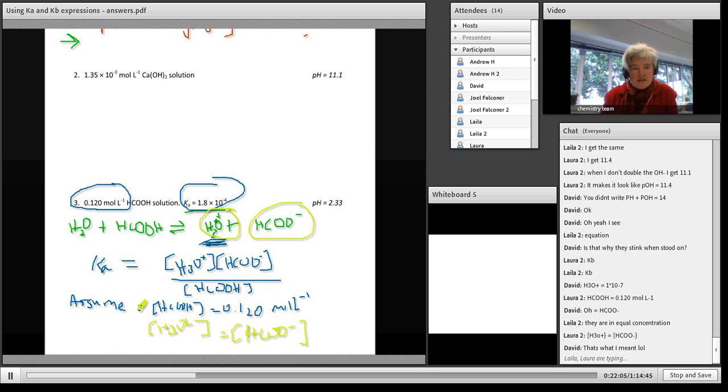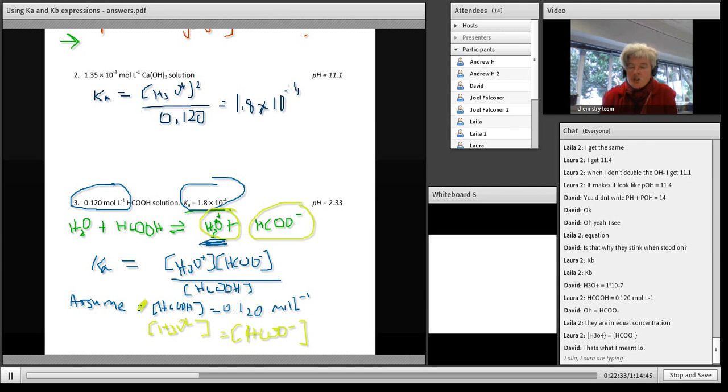We now say our Ka, which we are given the value of, is equal to H3O plus squared all over 0.120, and we are given the Ka, so it's 1.8 times 10 to the minus 4.